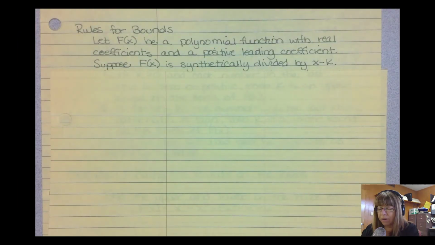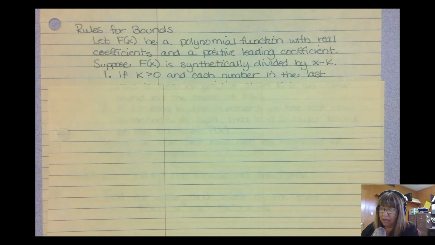All right, here are our rules for finding the bounds, like boundaries, of our function. We're going to let f of x be a polynomial function with real coefficients and a positive leading coefficient. Let's suppose f of x is synthetically divided by x minus k.